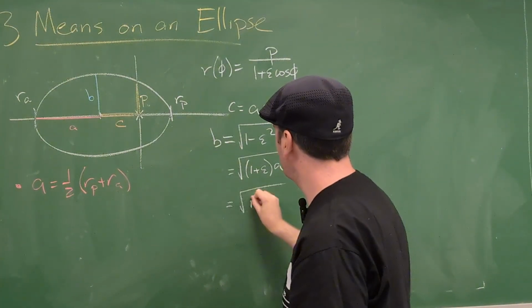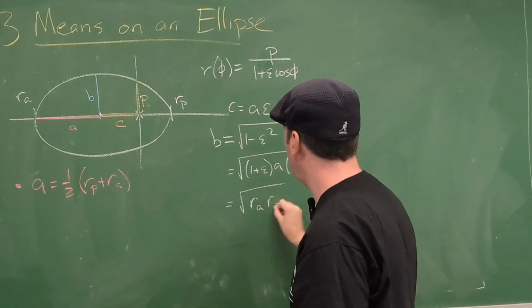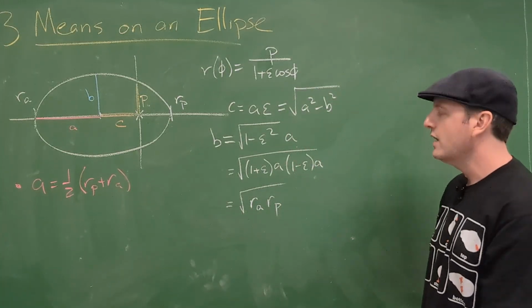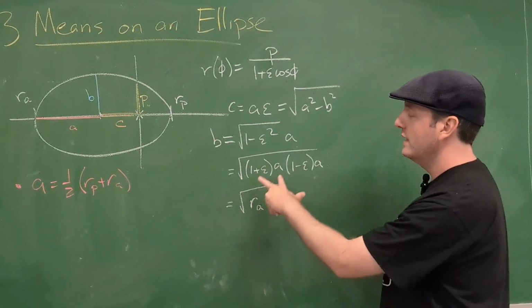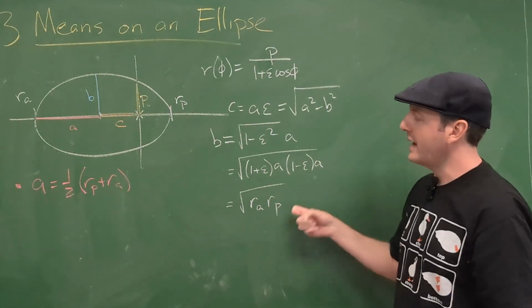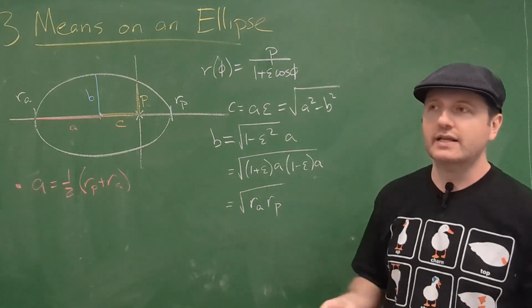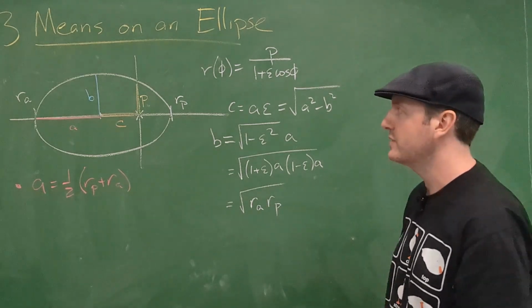So this is actually just the square root of RA times RP. But that's another type of mean. This is the geometric mean. I'm taking the two values, RA and RP, I multiply them and take their square root. That's exactly how we define the geometric mean of two numbers.